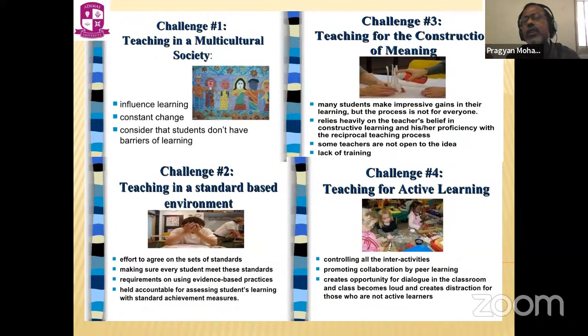Obviously these challenges are gradually overcome, and I think they will mostly be solved, and the curriculum can be transacted very properly. I'm just giving a brief of the problems or challenges the 21st century curriculum faces at present.